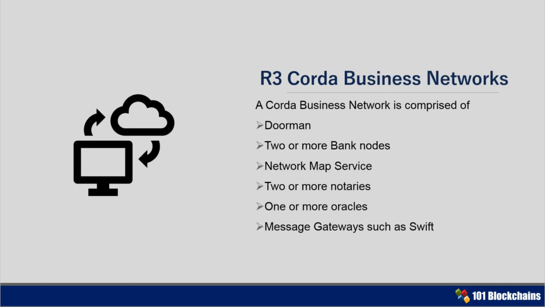Now, when it comes to the business network, there's another term that's used to define a specific type of Corda network. We could define a business network really as a higher level concept.